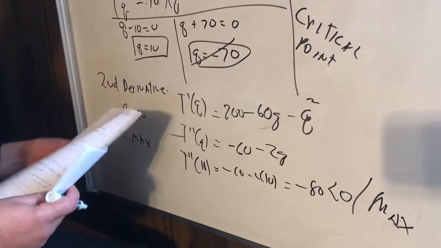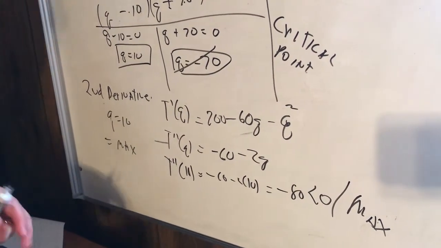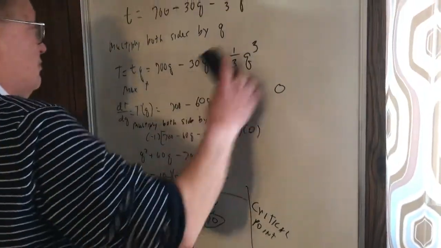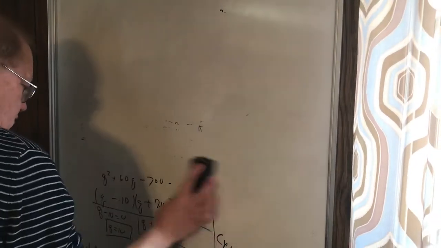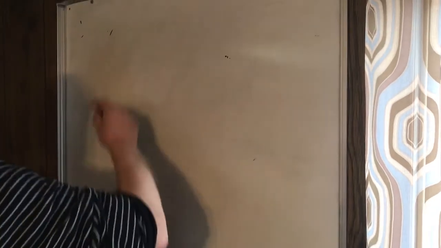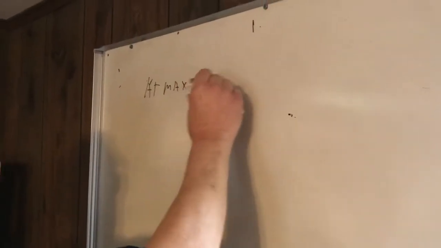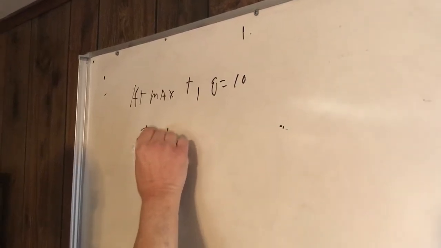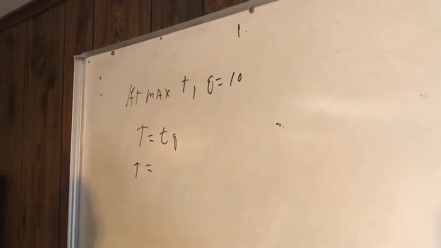So let's figure out what my revenue is going to be at that maximum. Once again, let's erase this. And I know that at max, q equals 10. I know that T equals T of q, but the equation for T is what?